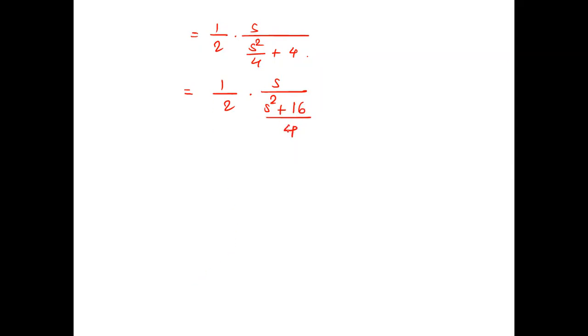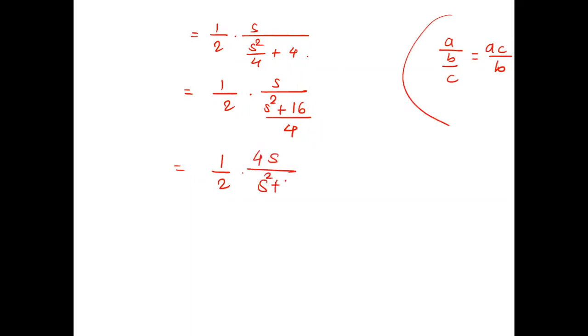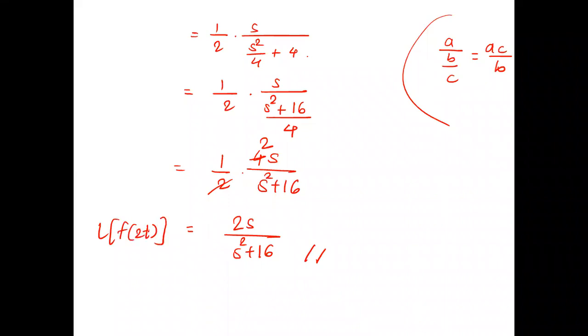So this is a upon b upon c, that c goes up, 4 will go in the numerator. Do you know this? A upon b upon c, that c goes up to the numerator, so it is ac upon b. Okay, so here it is a upon b upon c, so c will go up, so it is 4 into s upon s square plus 16. Here 2 into 2 is 4, so it is 2s upon s square plus 16 will be the answer, Laplace of f of 2t by change of scale property.